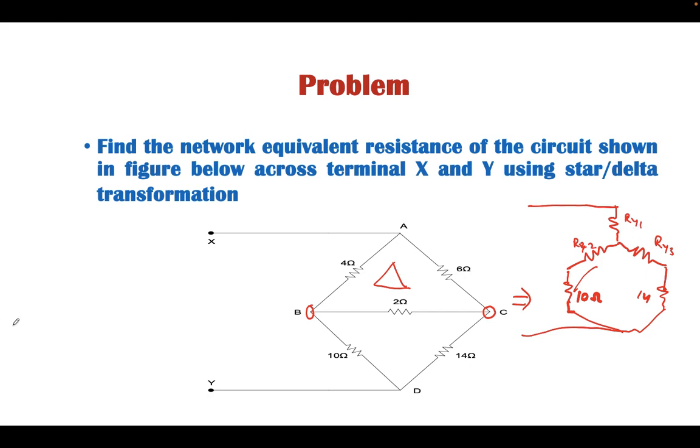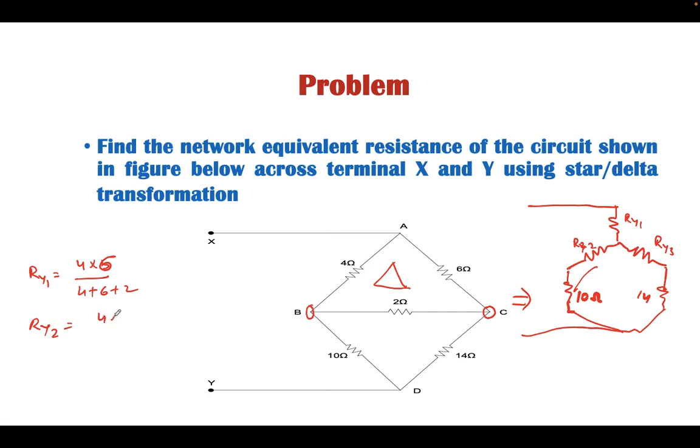And how did we calculate R star 1? R star 1 is connected between these two resistors, and hence it is the product of 4 into 6 divided by the sum of resistances in delta, 4 plus 6 plus 2. Similarly, R star 2 will be calculated. R star 2 is the element between these two resistances.